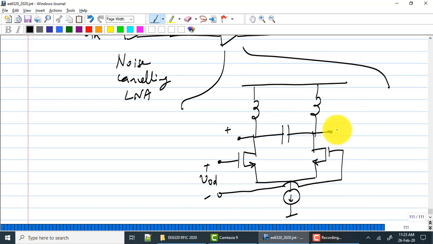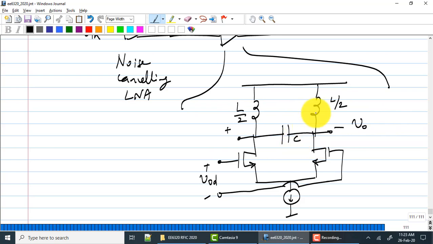You might cascade this one. The output of this amplifier will isolate whatever is coming next from the stage. That gives you some amount of isolation.